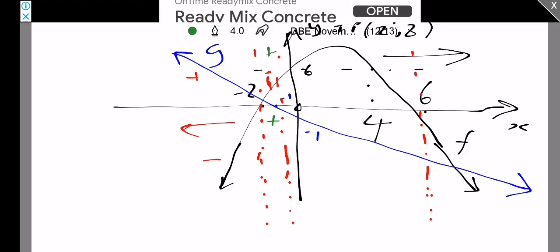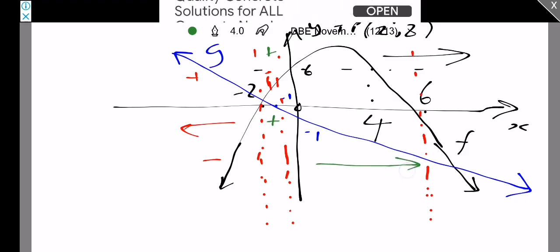Now let's look at this section between the x-intercept of the straight line and the second x-intercept of the parabola. In this section, the parabola is positive throughout, and the straight line is negative.